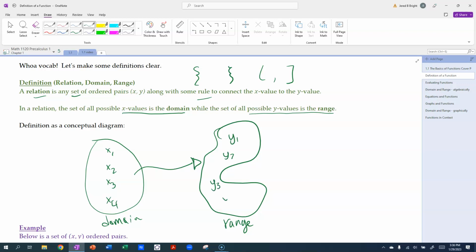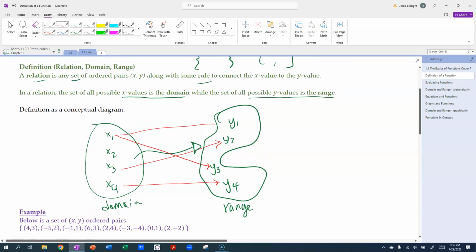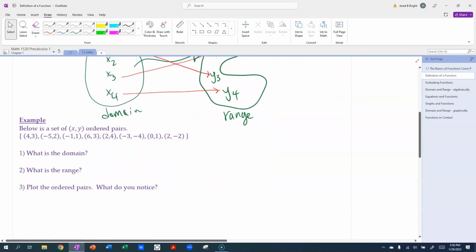We don't exactly know which one might go to which, so for instance, x1 might go to y3 or something like that. Those might be matched. x3 might be sent to y2, x4 might just go to y4, etc. We don't know, but that's the idea. And maybe x1 goes to two things. I don't know.